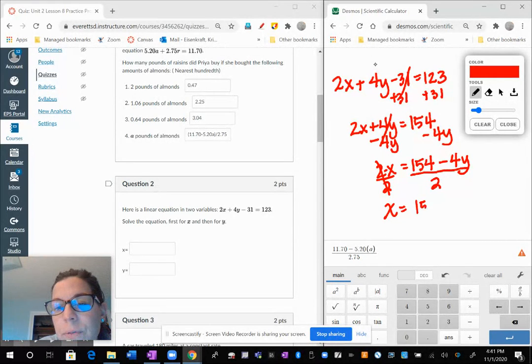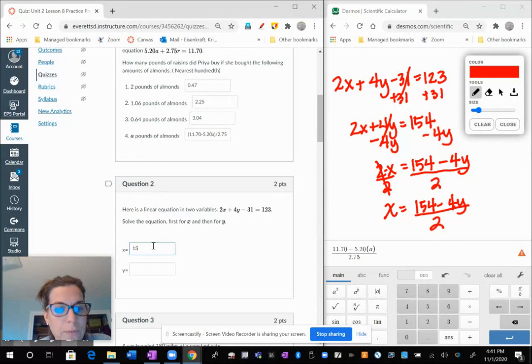So x is 154 minus 4y all over 2, and that's what we're going to write over here. 154 minus 4y, all divided by 2. Let me make sure I did that right. Yeah, that can be simplified, but we're going to leave it like that for now. Okay, next problem, or same problem, next part.